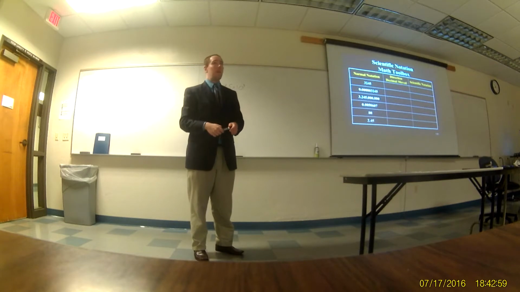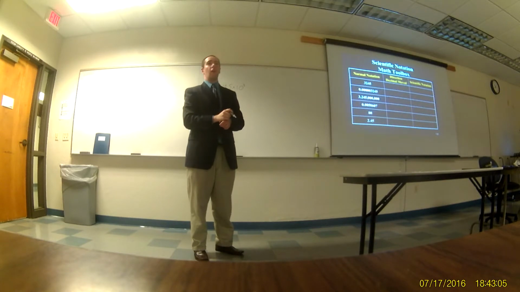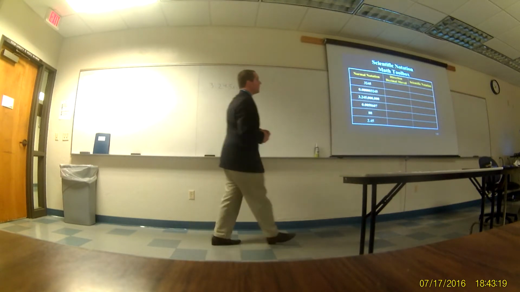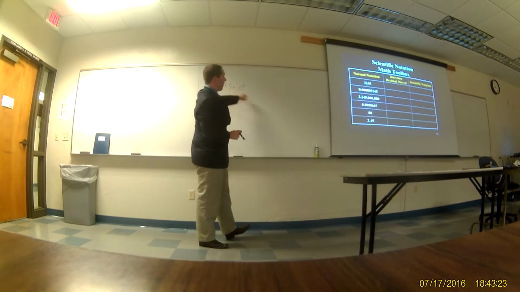If Albert Einstein was sitting back there, he would be doing this. We all do it because you don't want to get it wrong. To me, not doing it is stupid because then you're going to get an answer wrong. For what? Your pride? Forget your pride. Get it right. And so we've got 3.245 times 10 to the third.